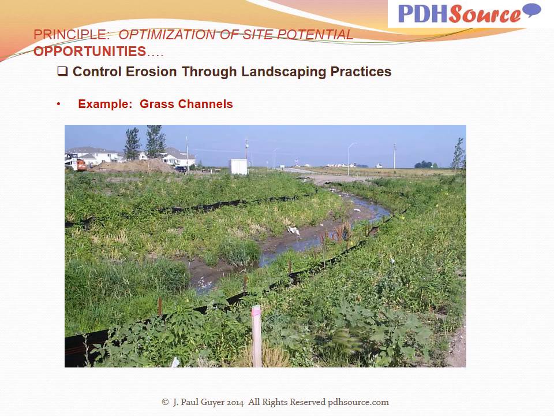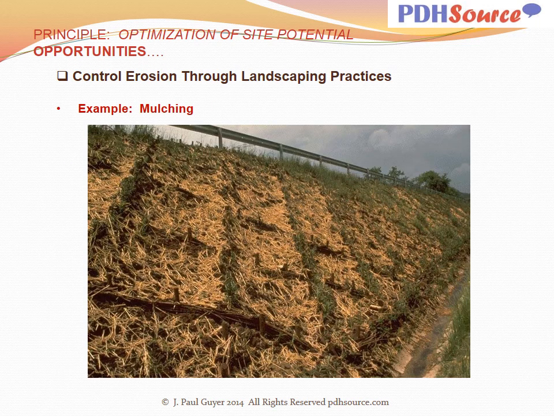Here are some of the typical ways of doing this. Of course, this is just a drainage creek or channel with vegetation planted on the slopes. Also, you see that they've used some geotextiles to hold back erosion that might occur during rainy seasons typically. So this is something you might be able to use.